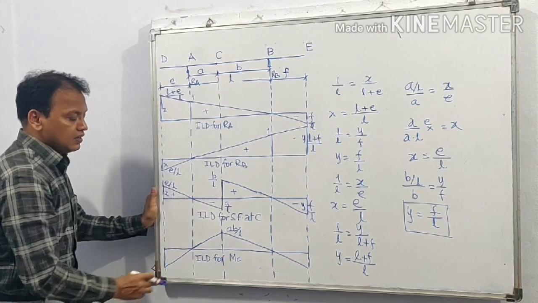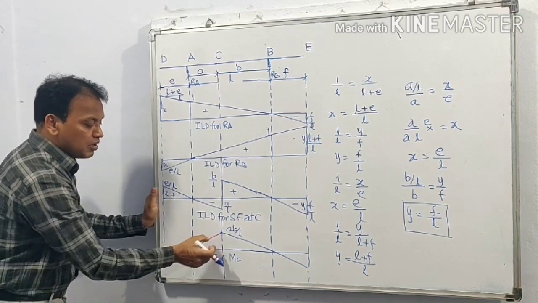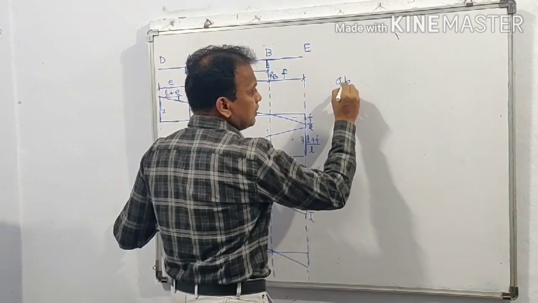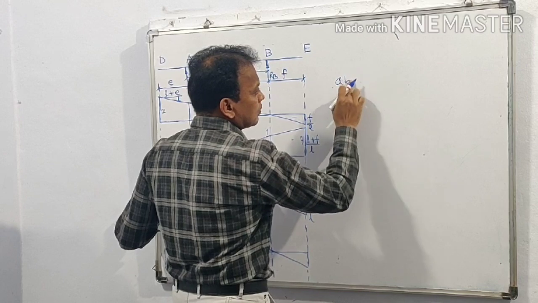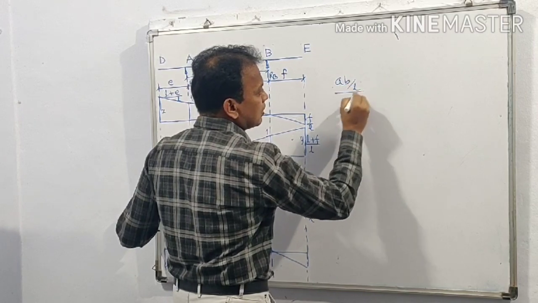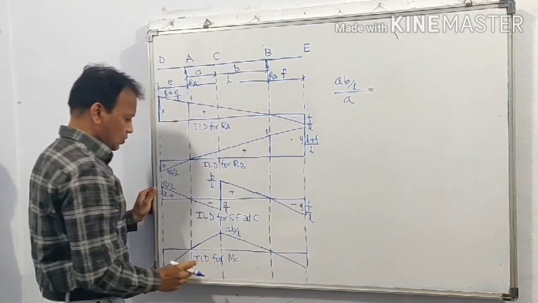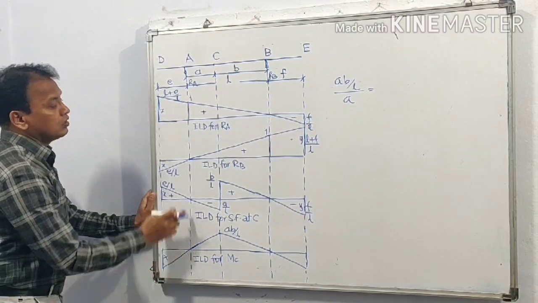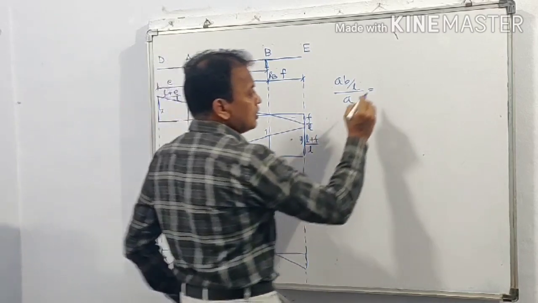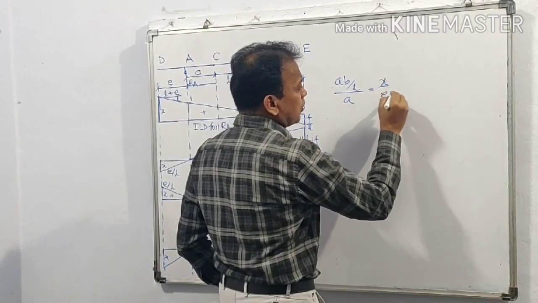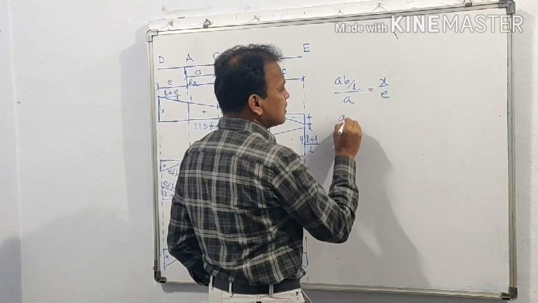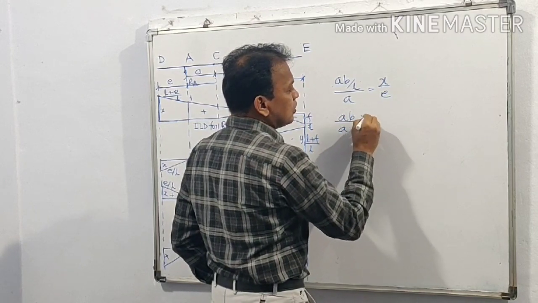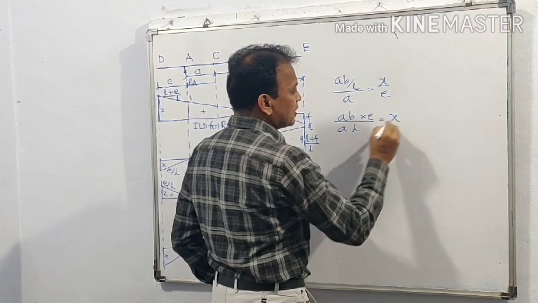For this triangle, this ordinate is AB upon L upon A is equal to, let this ordinate be x upon E. So we can write this as AB upon AL into E is equal to x.